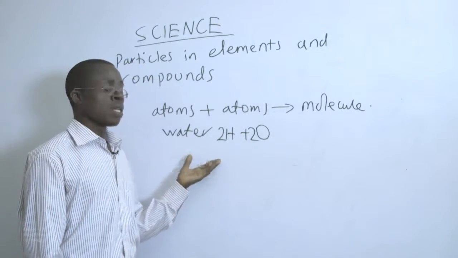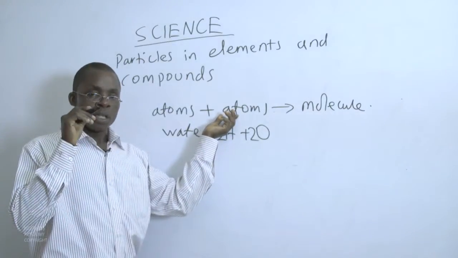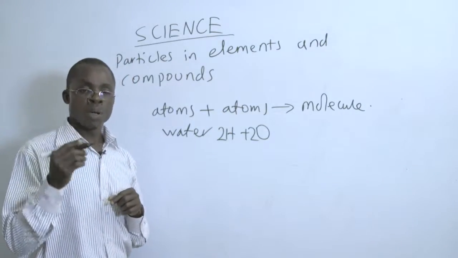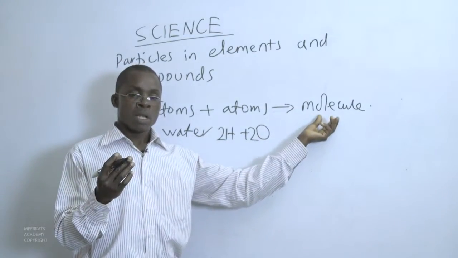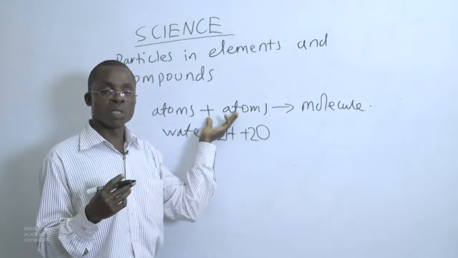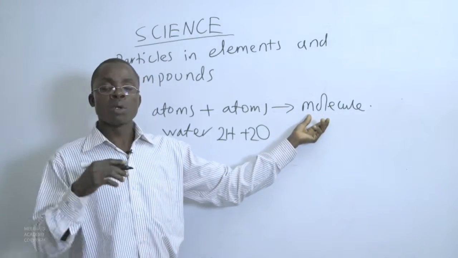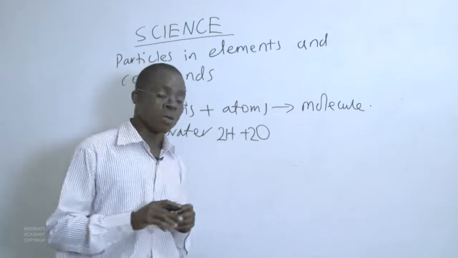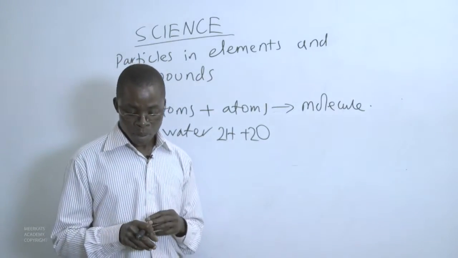So a pure substance can be made of either the same type of small particles called atoms, or small particles called molecules that have been formed from either the same type of atoms or different types of atoms. But you have made a small particle that cannot be broken physically, but it can be done chemically, because you can break this water into hydrogen and oxygen using chemical means.